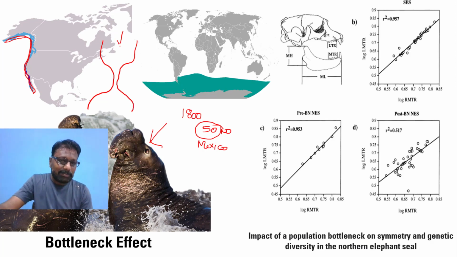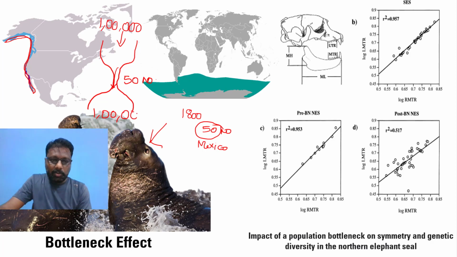The initial population was over 1 lakh individuals. Later it went through various bottleneck effects where it was reduced to 50 in number, and again they have regained to nearly 1,50,000.